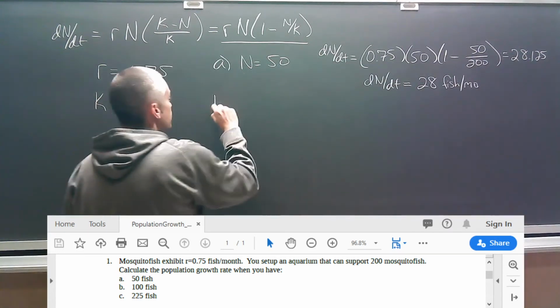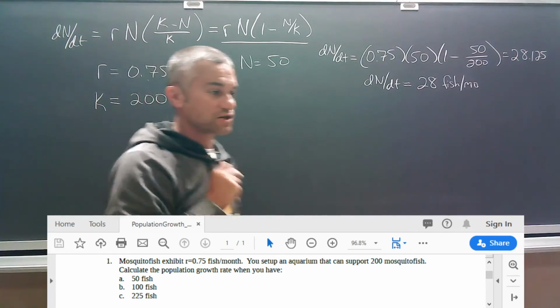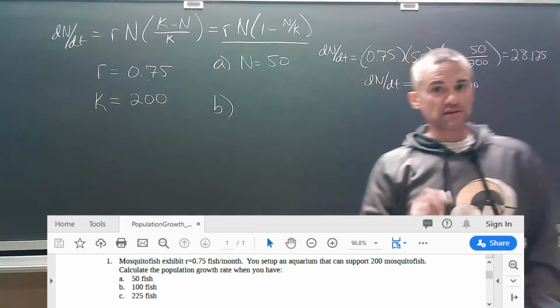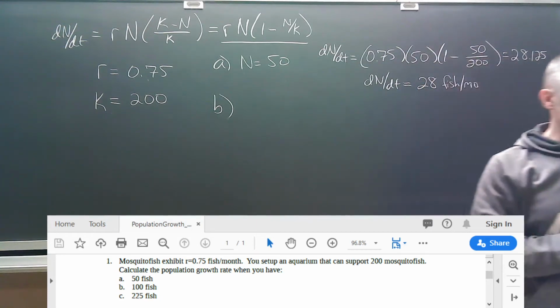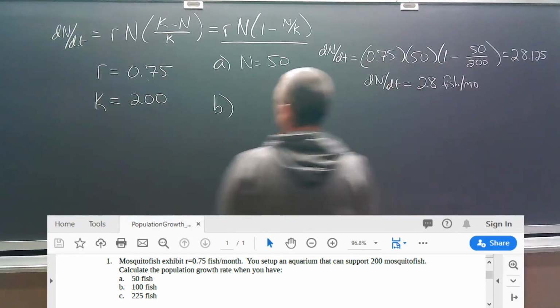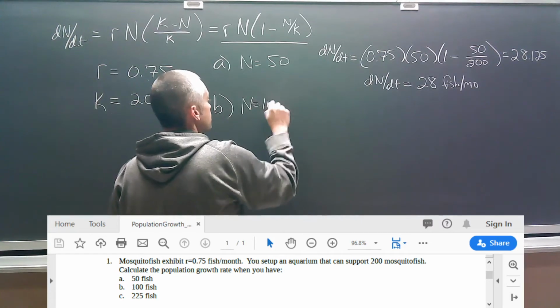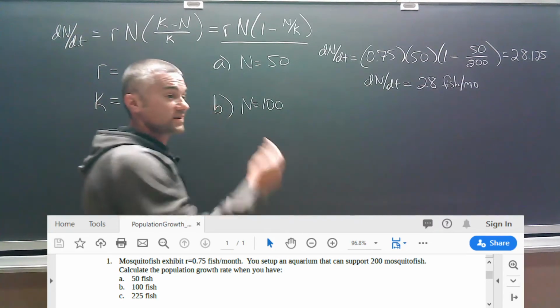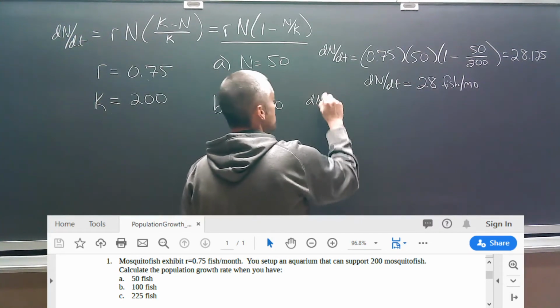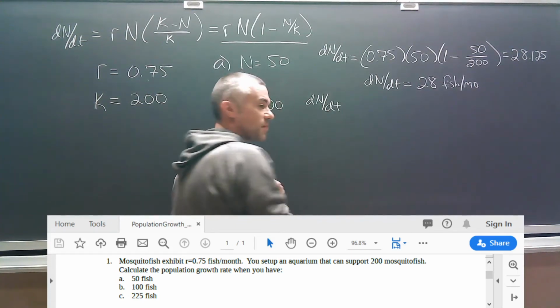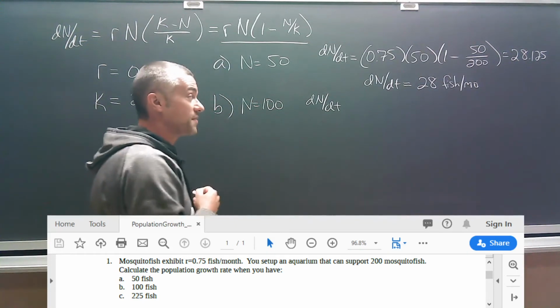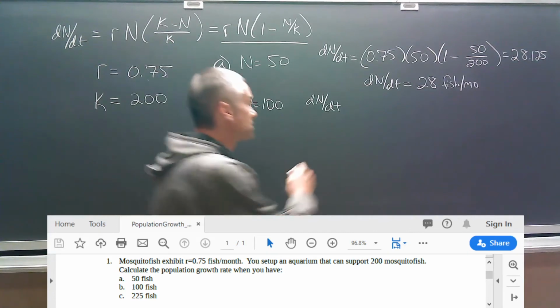Question B changes our population size. r and K remain the same, but our population size changes. And our new population size is 100. So doing the exact same thing using the exact same equation, we ask what is the change in our population size, the population growth rate, dN over dt.